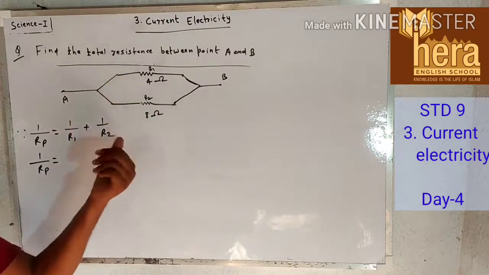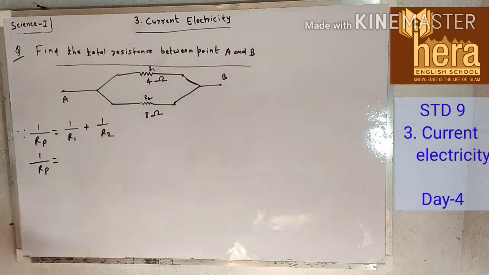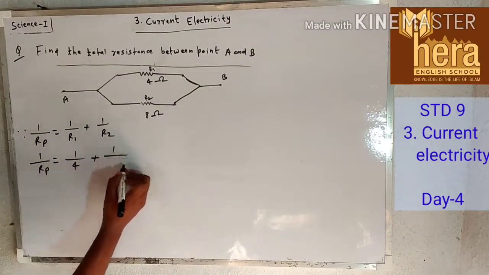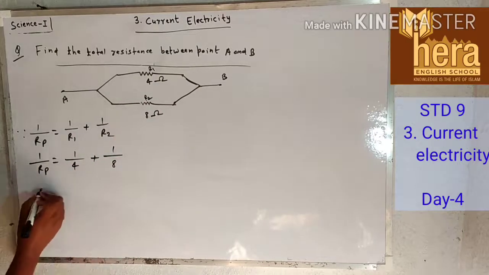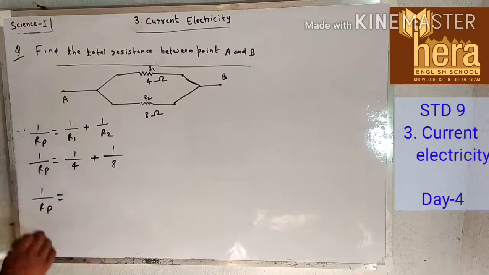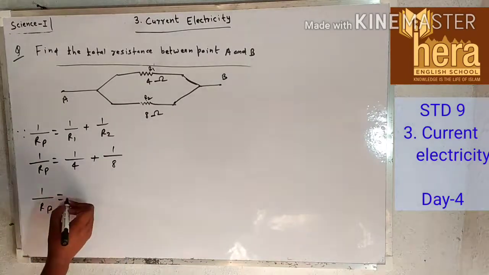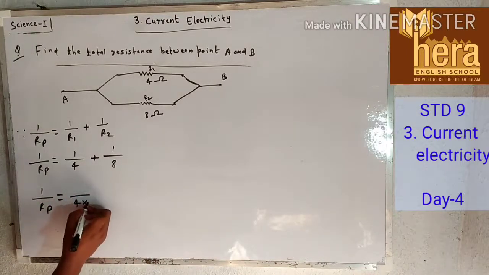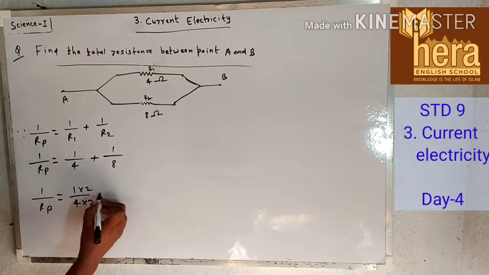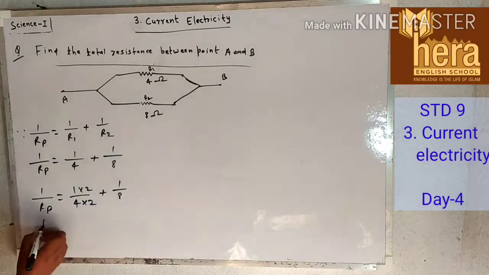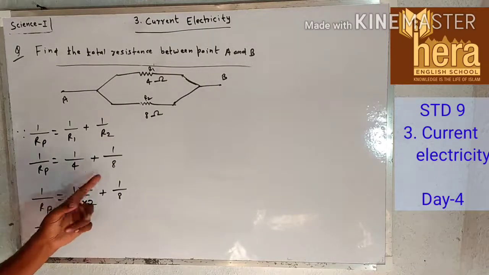If there are 3 resistors, then 1 upon R3. So 1 upon 4 plus 1 upon 8. The denominator is different, so you have to make the denominator equal. So 4 into 2, then 1 into 2 plus 1 upon 8.